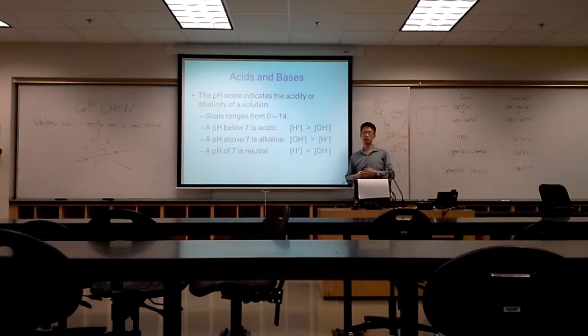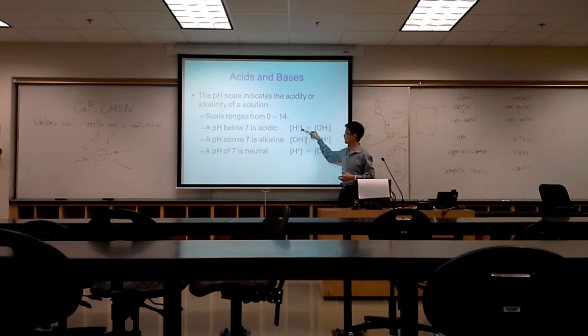For the pH scale, I hope that you remember, for pH less than 7, it is acidic, because we have more hydrogen ion than hydroxide ion. If pH is more than 7, then it is alkaline or basic, because we have more hydroxide ion than hydrogen ion.